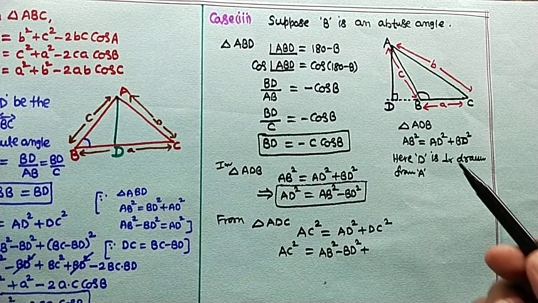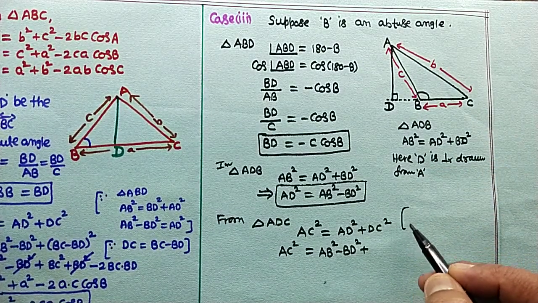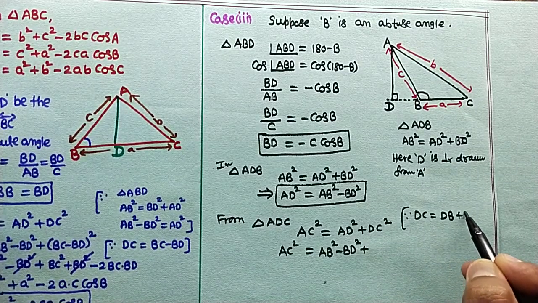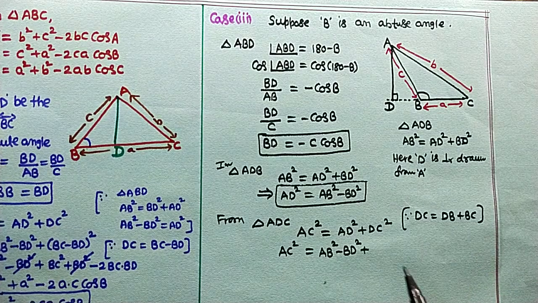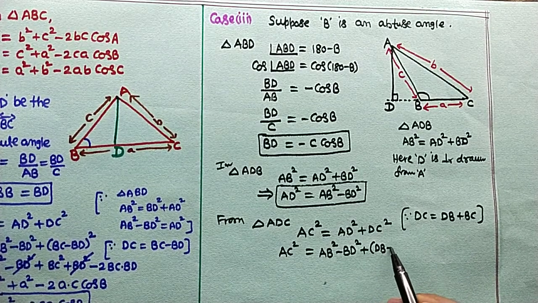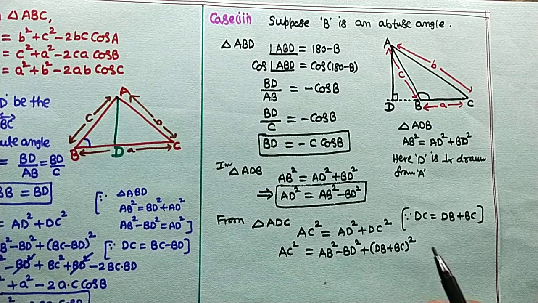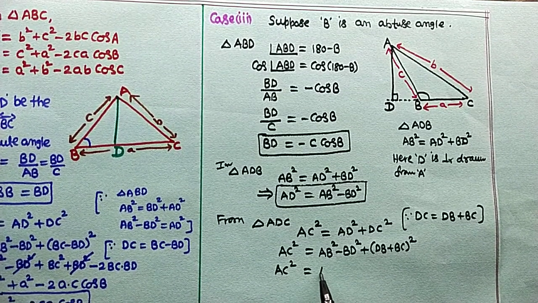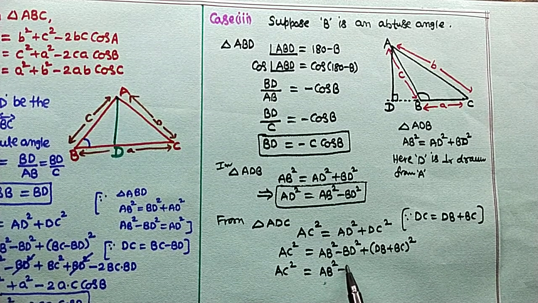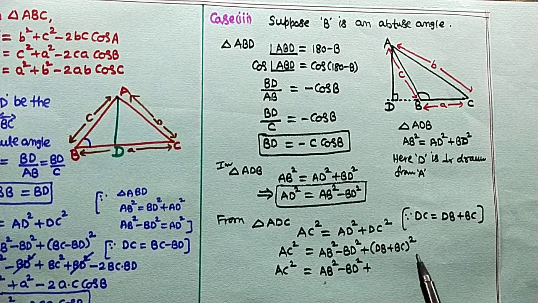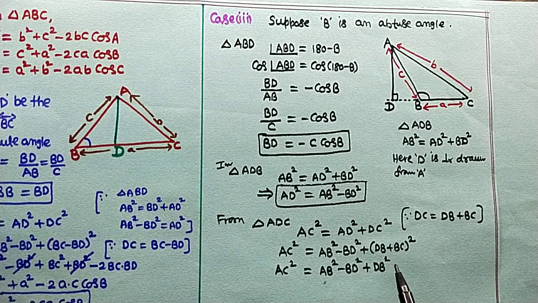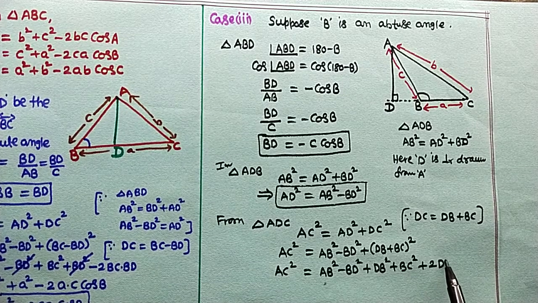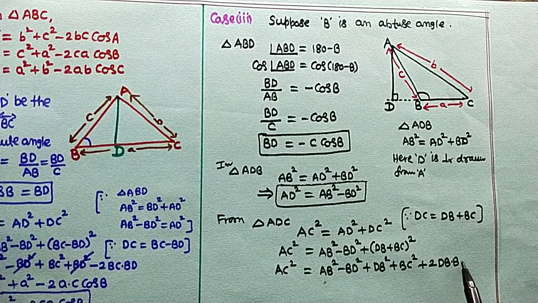DC can be written from the figure as DB plus BC. So it becomes DB plus BC whole square. After that you have to expand. AC square equals AB square minus BD square, plus the expansion of A plus B whole square: DB square plus BC square plus 2DB into BC.